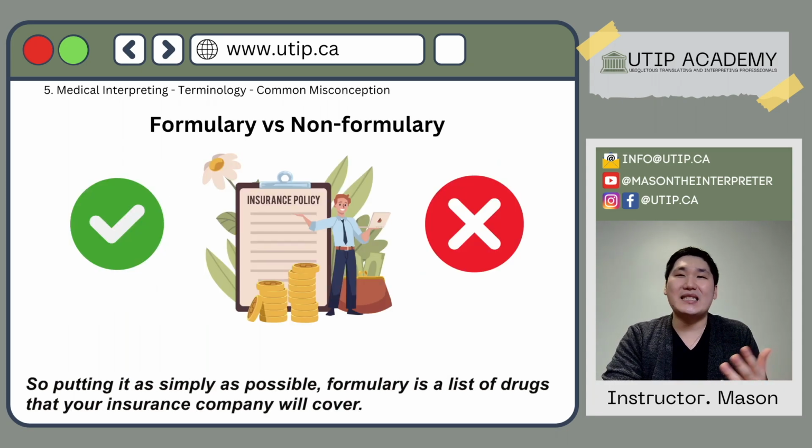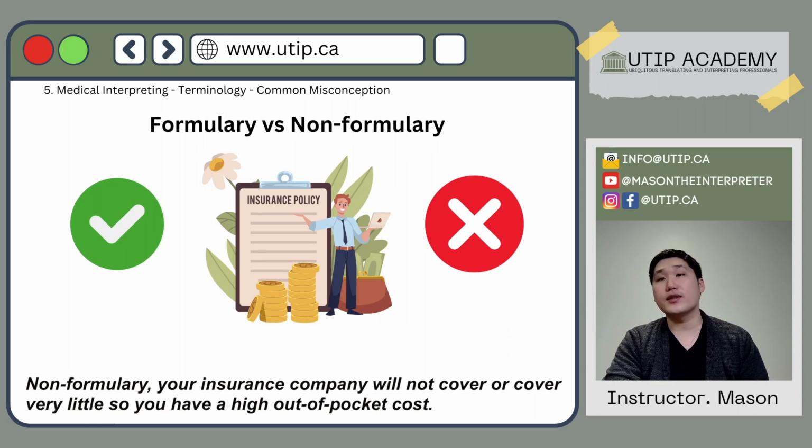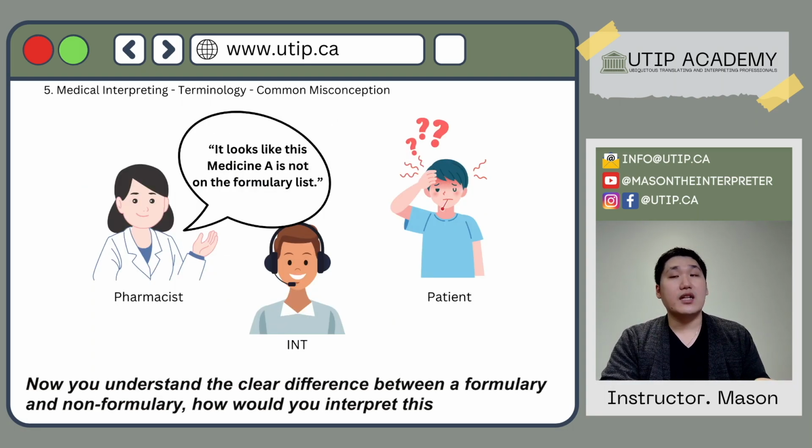So putting it as simply as possible, formulary is a list of drugs that your insurance company will cover. Non-formulary, your insurance company will not cover or cover very little, so you have a high out-of-pocket cost. Now you understand the clear difference between a formulary and non-formulary.